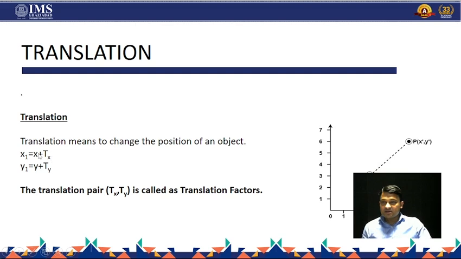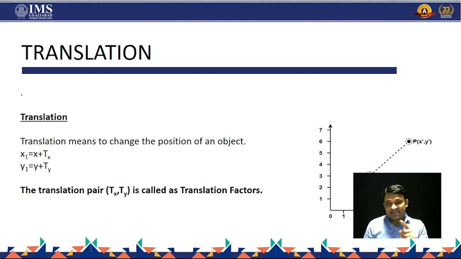We can find the value of the new coordinates as follows. x1 or x dash equals the old coordinate plus the change that has happened in the x direction, denoted here as tx. So x dash equals x plus tx, and similarly y dash or y1 equals y plus ty.